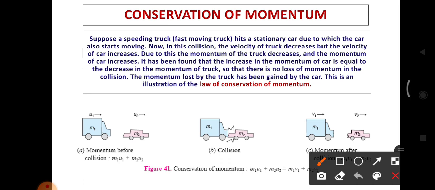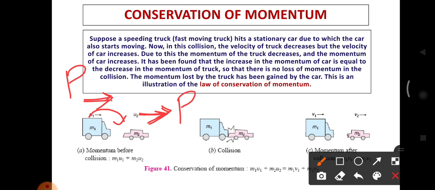Dear students, please understand that the fast moving truck hits the stationary car. So after the hit, the car also started to move. Now the truck is also moving and the car is also moving. But the velocity of the truck is decreasing, the velocity of the car is increasing. When the velocity of the car is increasing, the momentum of the car also increases. When the velocity of the truck is decreasing, the momentum of the truck also decreases.